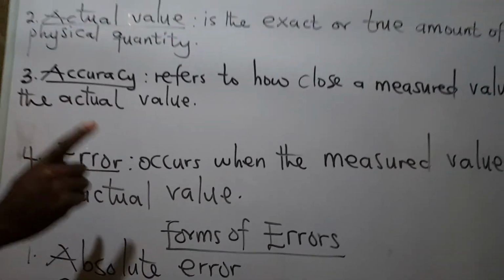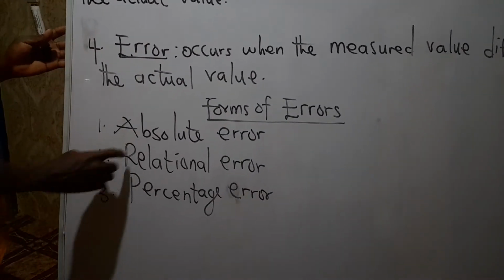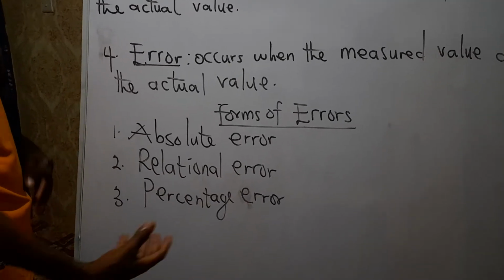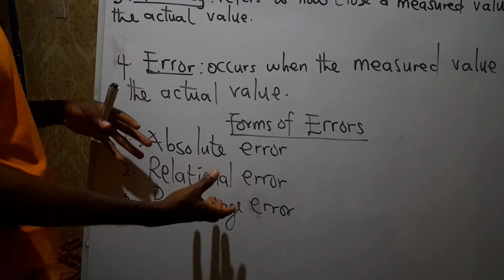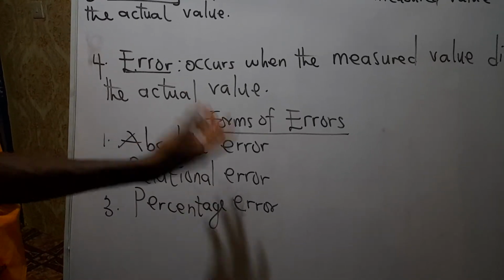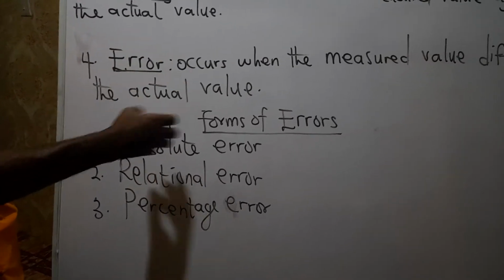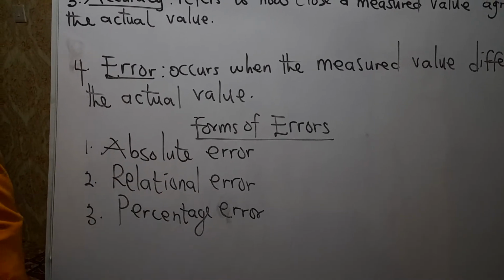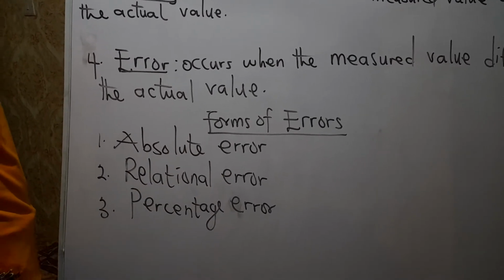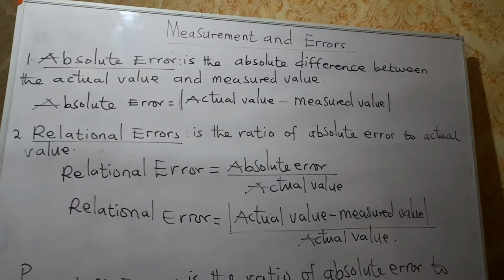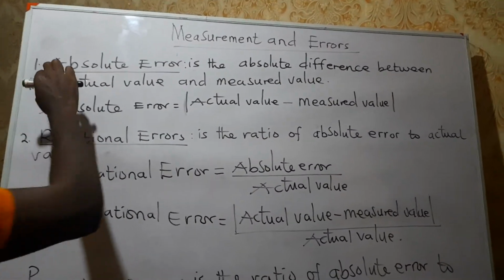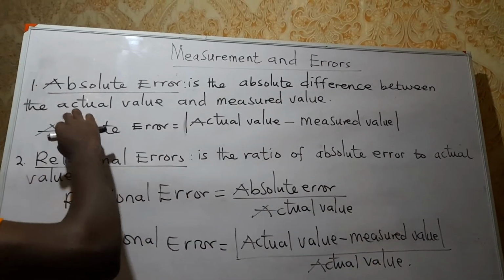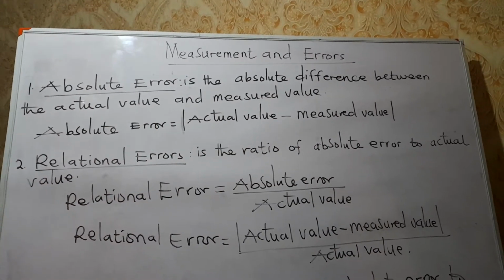There are 3 forms of such errors. These are absolute error, relational error, and percentage error. And they have direct relationships. Our next step is to look at what each of them means and their relationship, then we'll take some problems and try solving them. So the absolute error is the absolute difference between the actual value and the measured value.